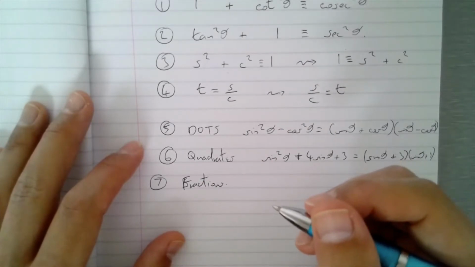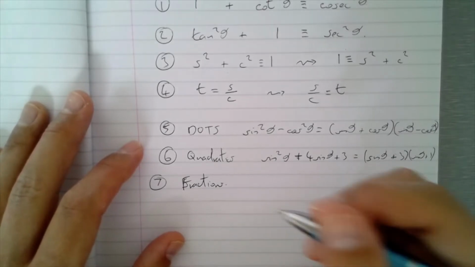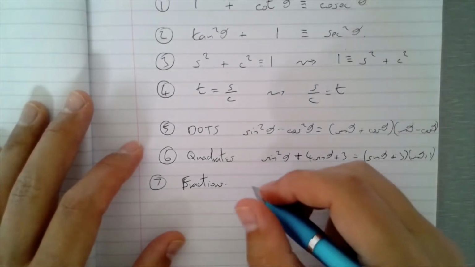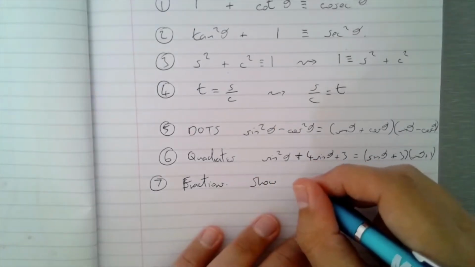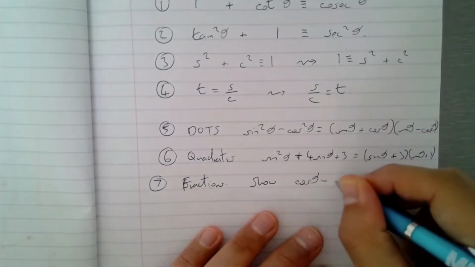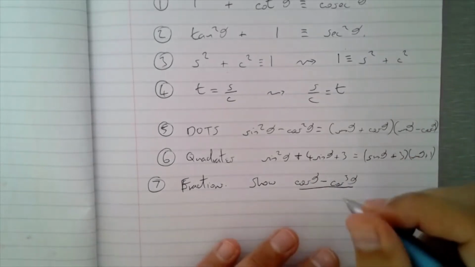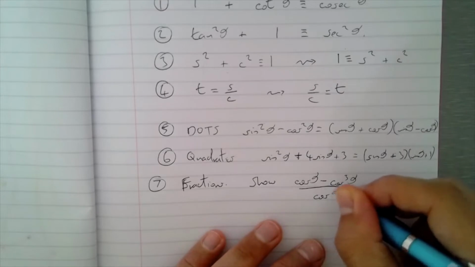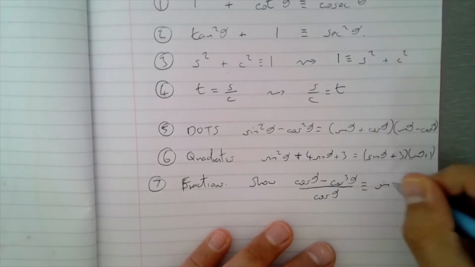So we know how to add fractions together, but very often people don't think about undoing the addition of fractions. So for instance, if I wanted to show that cos theta minus cos cubed theta over cos theta is equivalent to sine squared theta.